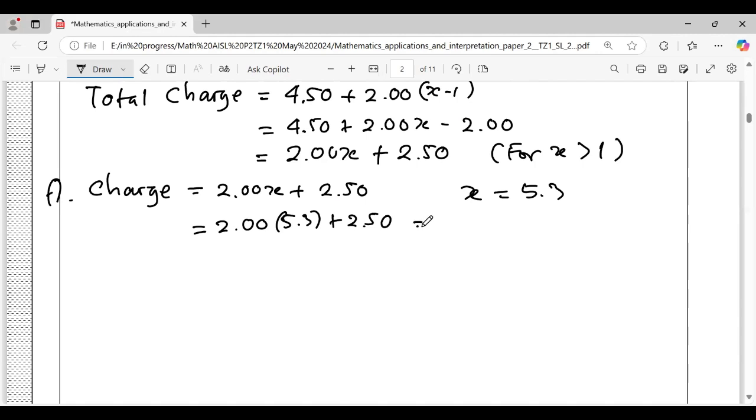If you calculate, the result is 13.10. So $13.10 for a 5.3 kg package.